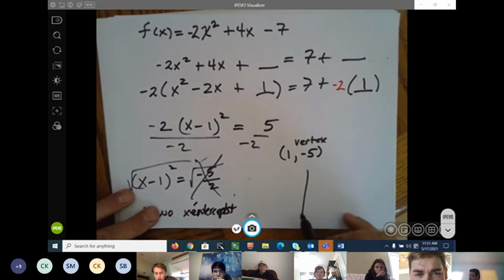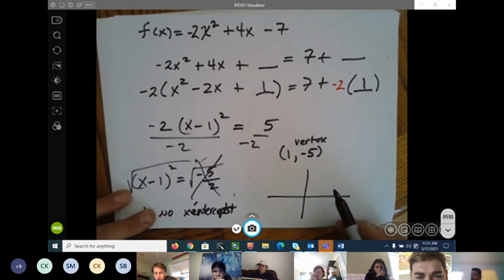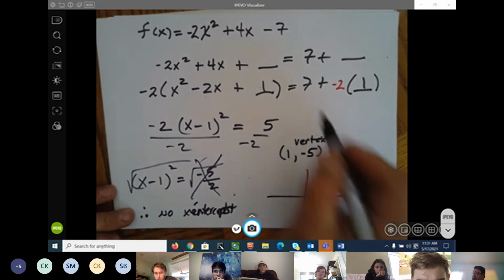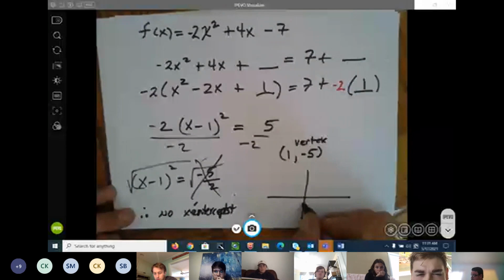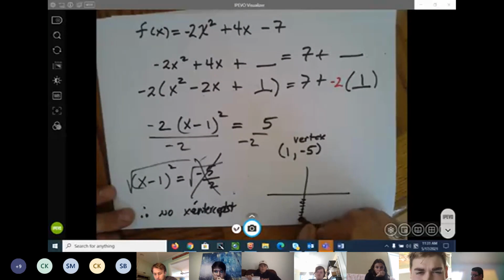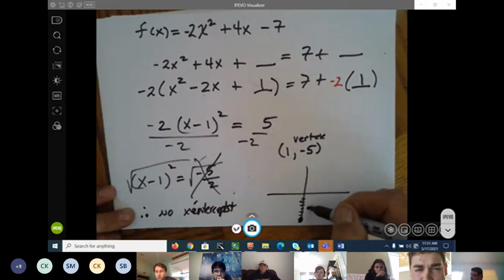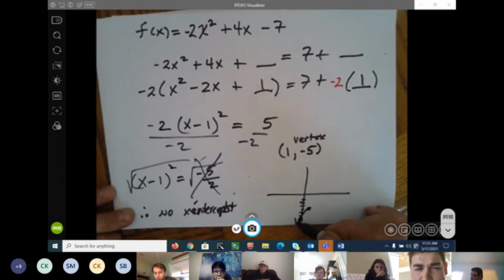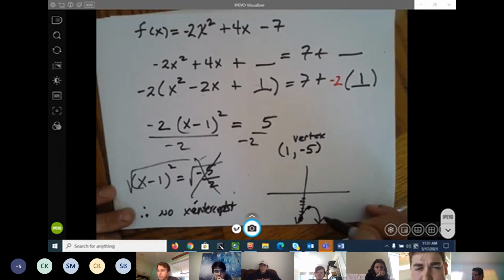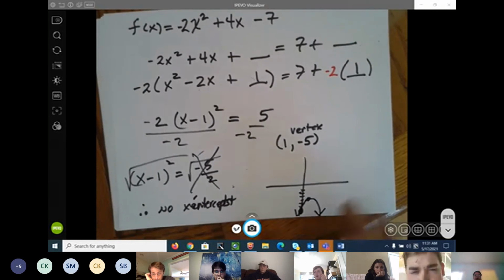So we've got a function that's floating because it doesn't have x-intercepts. Negative 7, 1, 2, 3, 4, 5, 6, 7, and a vertex of 1, negative 5. And it's opening which way? Concave down. So that's what it looks like.